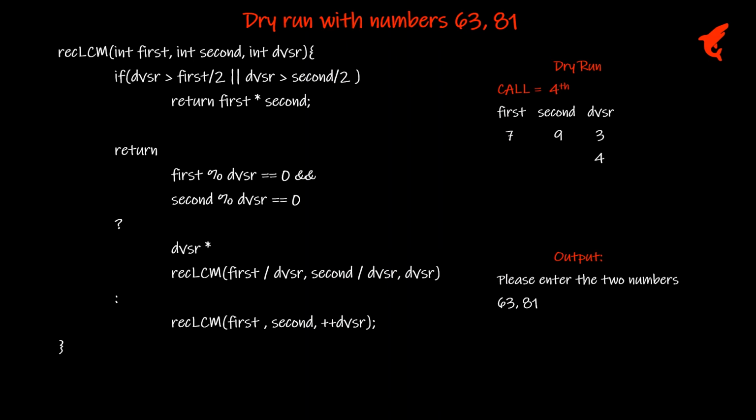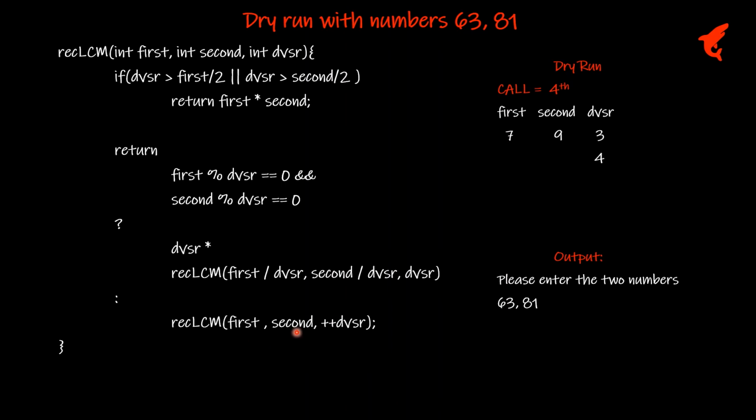We are back in call number 4 of rec LCM, right? Now call number 5 was made from call number 4 at this particular position. Why? Because in this particular call, that is call number 4, DVSR value 3 could not divide the first and second value, and therefore the control went to this particular call, and this is where the fifth call was made.